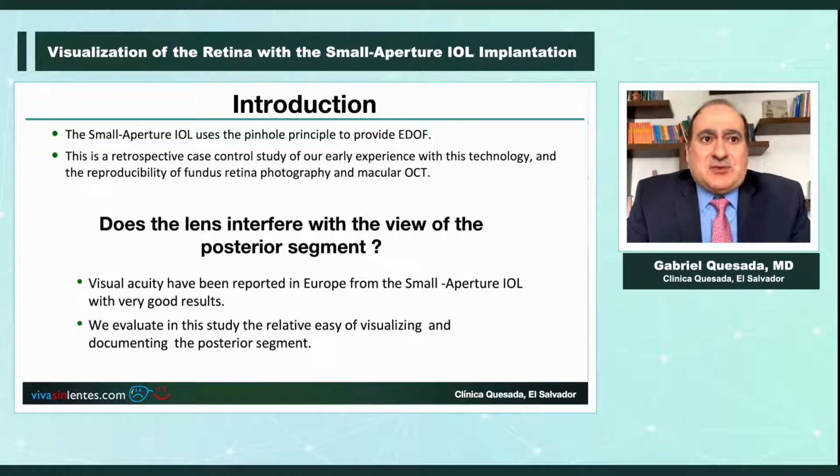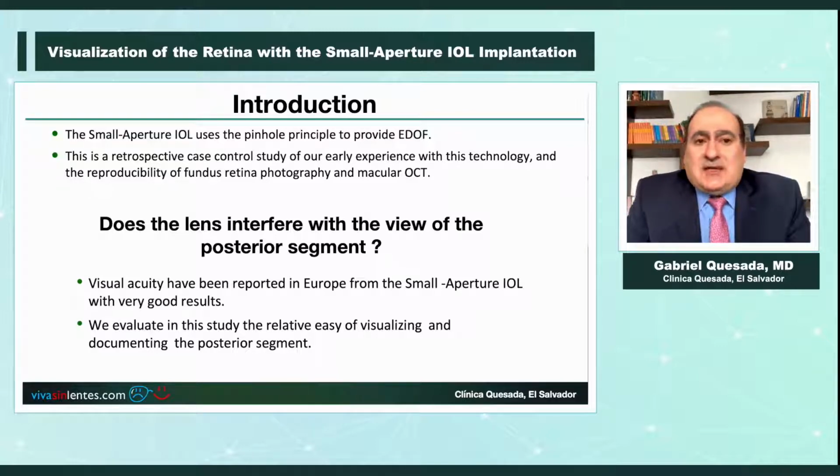And this is a retrospective case control study of our early experience with this technology for more than 2 years now, and to make clear that the reproducibility of the fundus retina photography and macular OCT is easily possible.